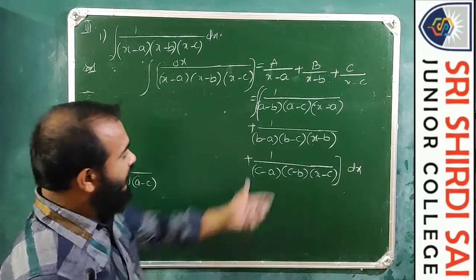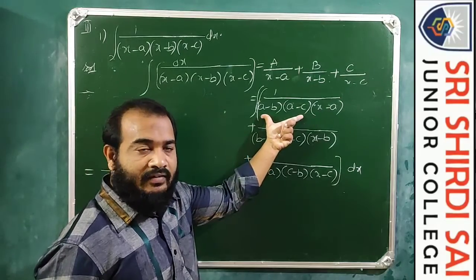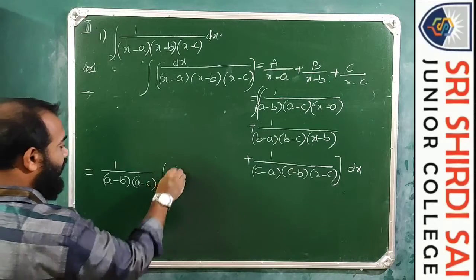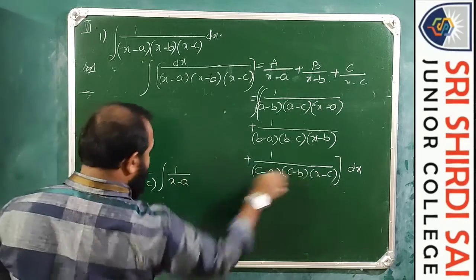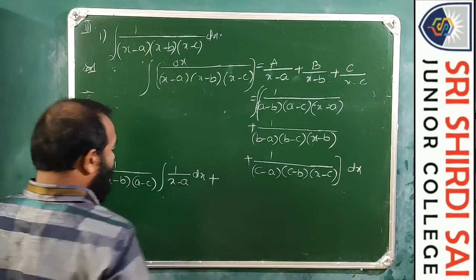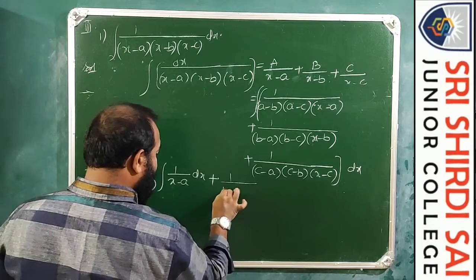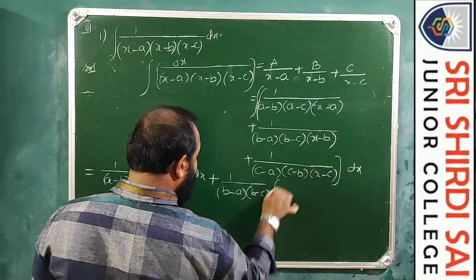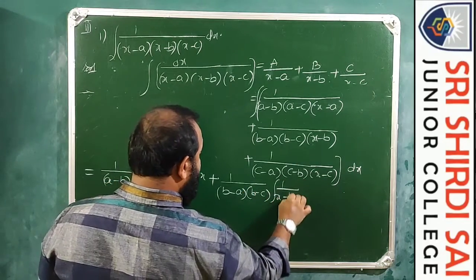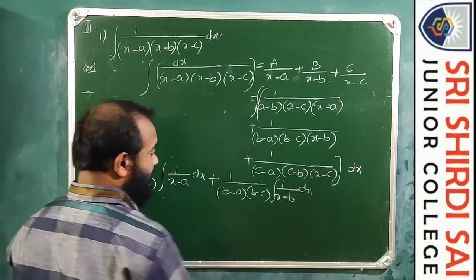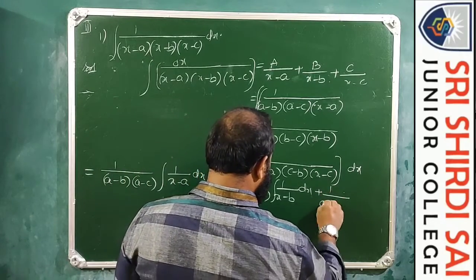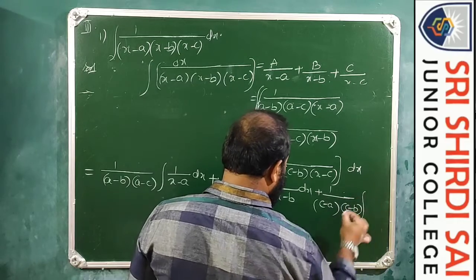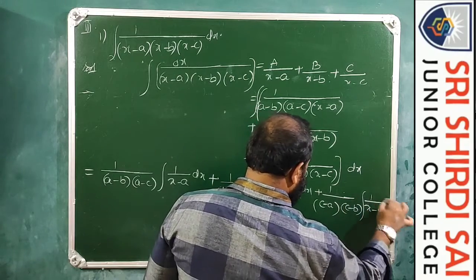Since this is a constant, I have separated this from the process of integration, and we are left with the integral of 1 by (x minus a) dx, plus 1 by (b minus a) into (b minus c) into the integral of 1 by (x minus b) dx, plus 1 by (c minus a) into (c minus b) into the integral of 1 by (x minus c) dx.